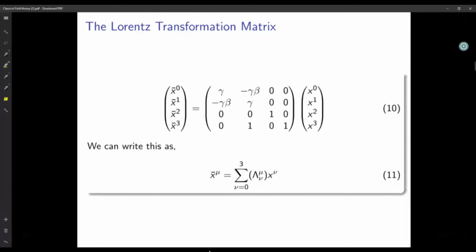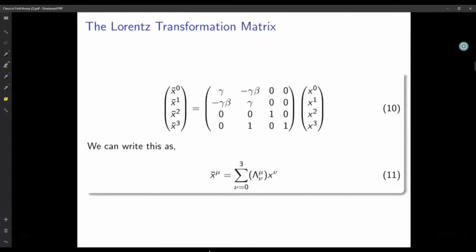On the left is our transformed 4-vector. Essentially, we are operating on your initial 4-vector with the Lorentz transformation matrix, and that gives you your output 4-vector with your transformed coordinates.